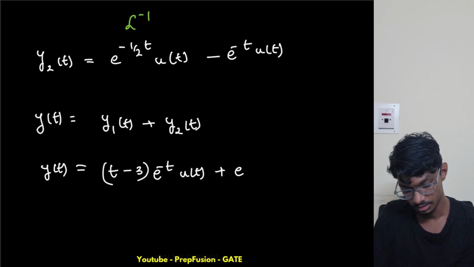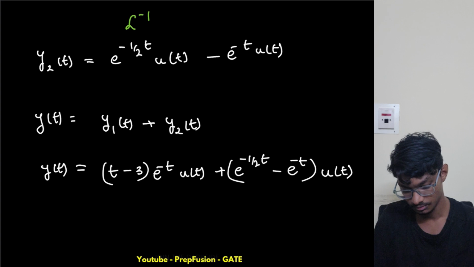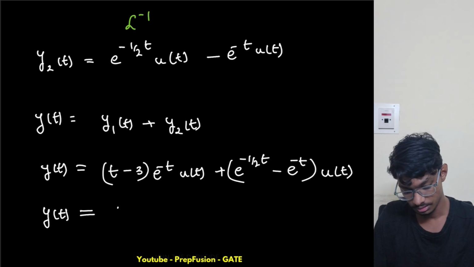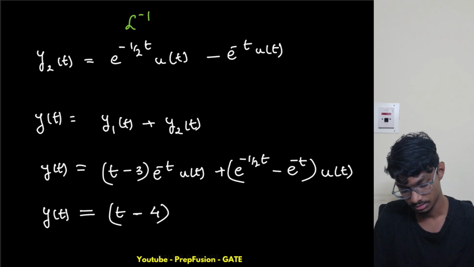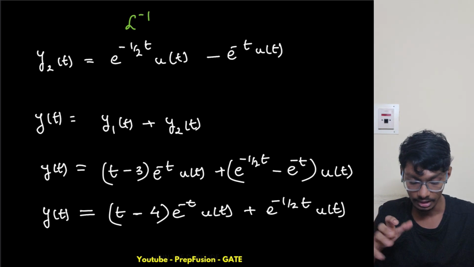This is e raised to power minus 1 by 2 t minus e raised to power minus t into u of t. So what is y of t? y of t is simply t minus, so this is another minus e raised to minus t, so this is minus t u of t plus e raised to power minus 1 by 2 t u of t. So yeah, this is what we get as our output.